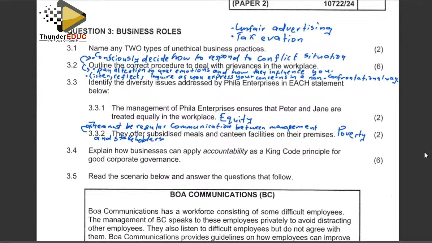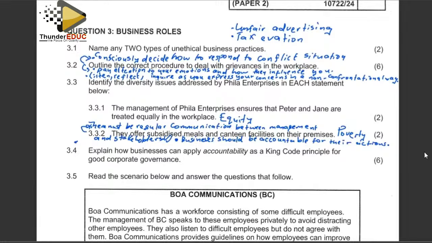Okay, right. So now also we are saying that businesses should be accountable for their actions. Okay.